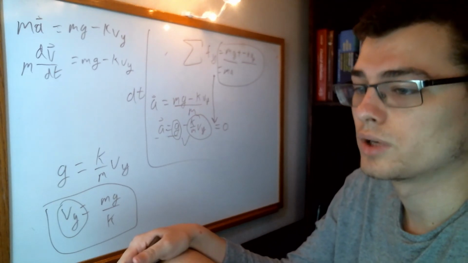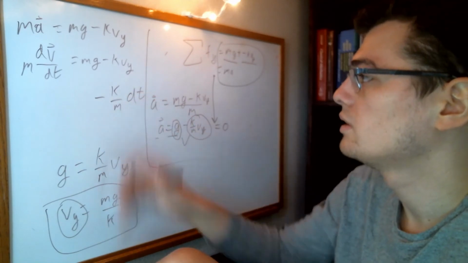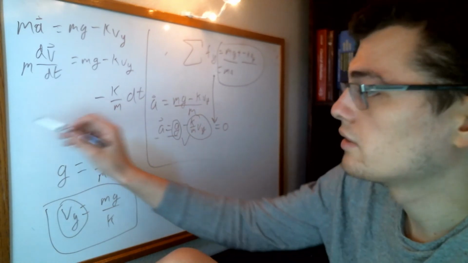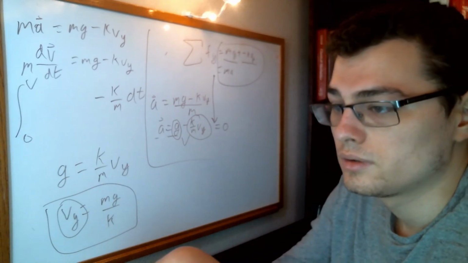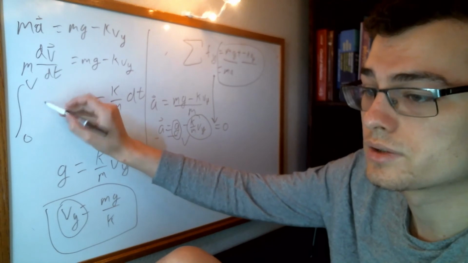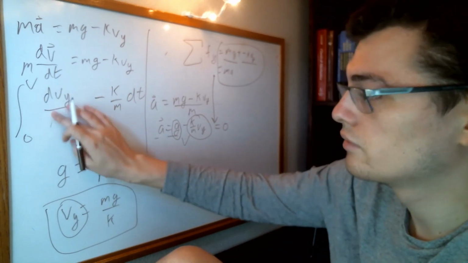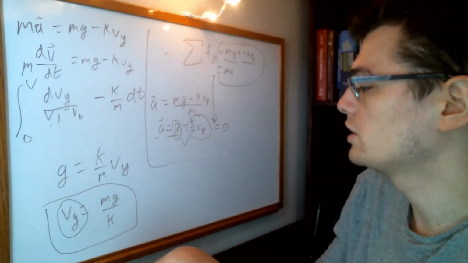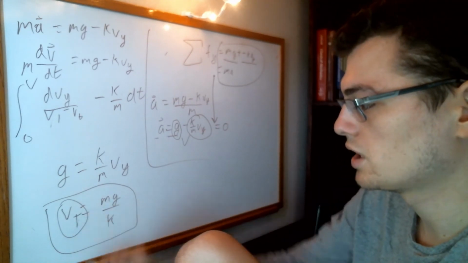Then we can rewrite this as negative k over m, because we can divide out m here. And we can integrate from 0 to v, and this is going to be dvy over vy minus vt. What we've done here is that this is going to be our terminal velocity, right? So we can rename that vt.